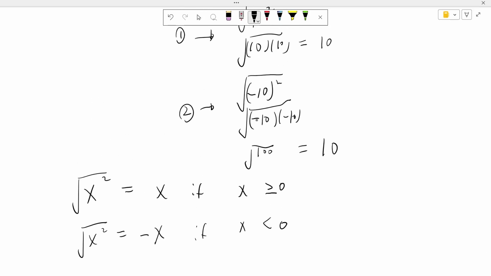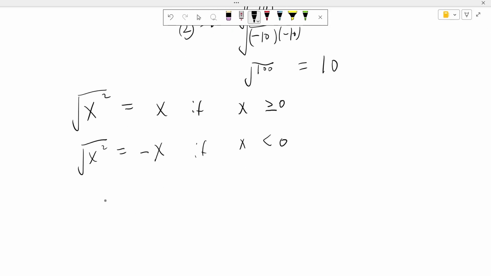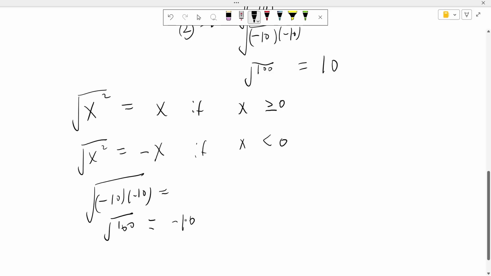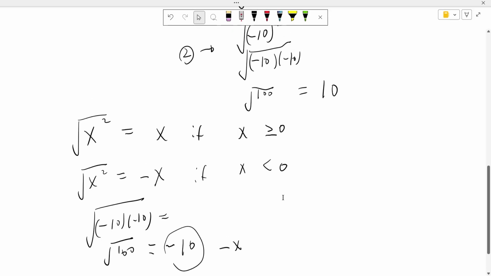Because if you have negative 10 as x, look at what happened before. What is this when you evaluate it? You get not negative 10, which would be x, but you actually get plus 10. So that means you put a negative sign. So this was negative x, right?